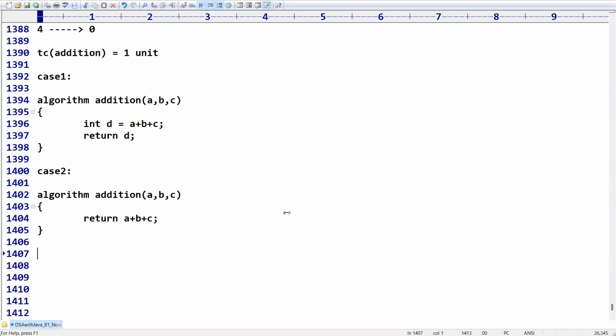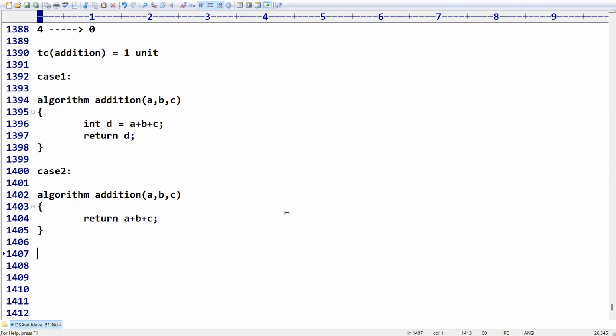Sir, between time complexity and space complexity, we have to prefer time complexity more, right? If an algorithm is taking less amount of time, that algorithm is the best algorithm. Generally we will ignore space complexity, because when we are preparing the algorithm itself, we write it in that manner.